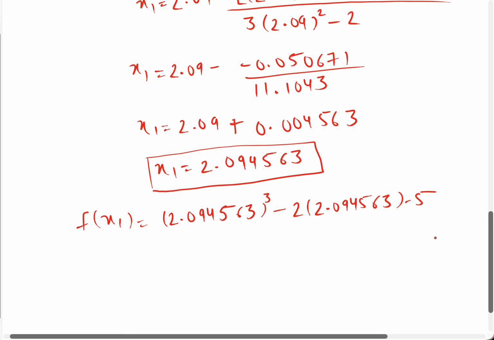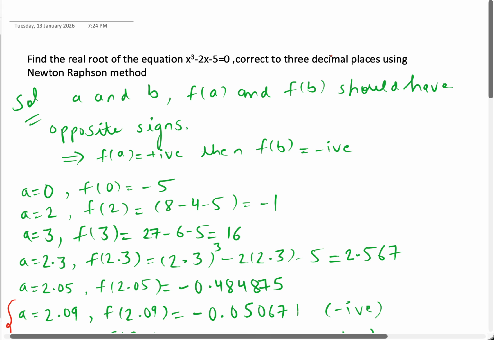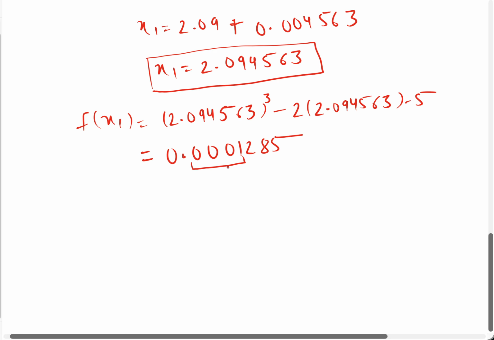This is 0.000128. Now it's very lucky for us, with the very first approximation itself we got 3 zeros here, so we can conclude our answer here, because the question asks for the answer correct to 3 decimal places, which means at least up to 3 decimal places it should be 0.